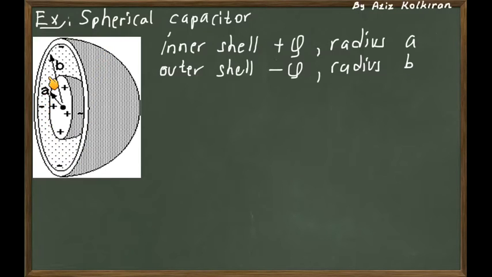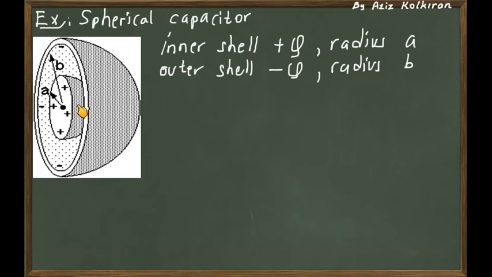The region outside the outer shell has zero electric field, because if you take any Gaussian surface around these two conductors, the net charge inside is zero, and there is no flux, and that means the electric field must be zero outside. Similarly, the electric field inside the inner shell is again zero, because there is no net charge if you take any Gaussian surface inside.